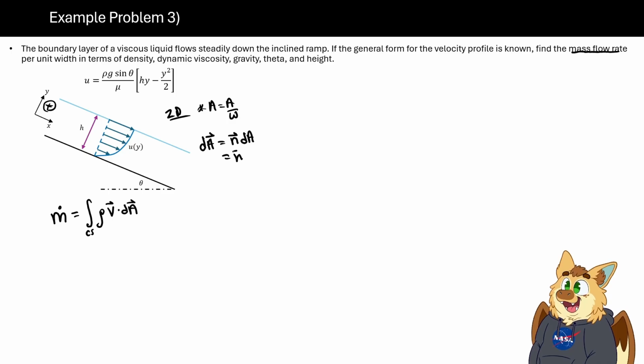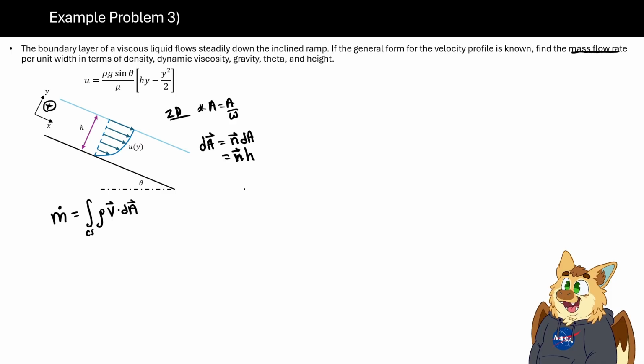In this case, dA is per unit width, so we only really have to multiply it by the height that this velocity profile is taking up, and that would just be equal to h. So that would be n times h, I think.